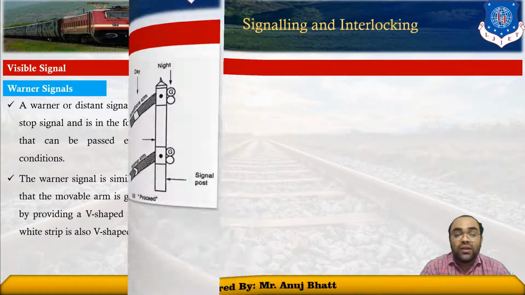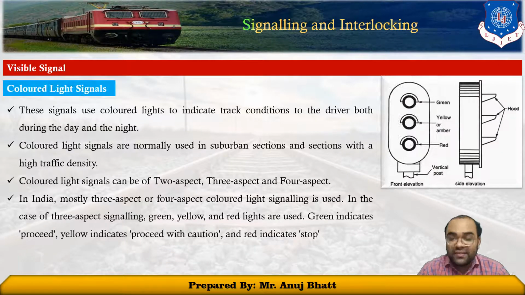The next one is the colored light signals. These signals use colored lights to indicate the track condition to the driver, both during the daytime and the nighttime.